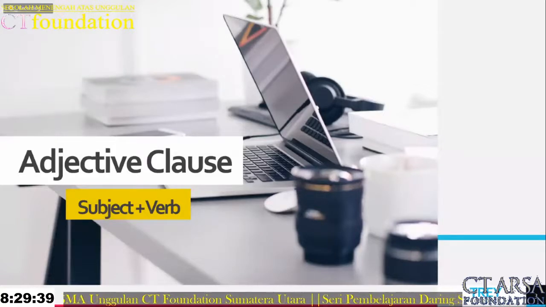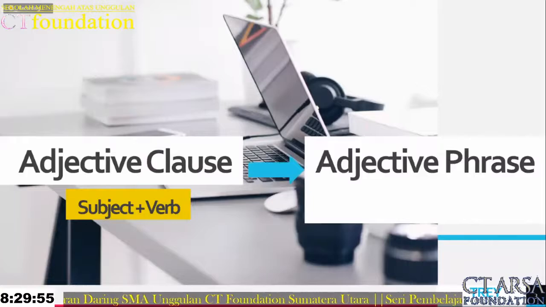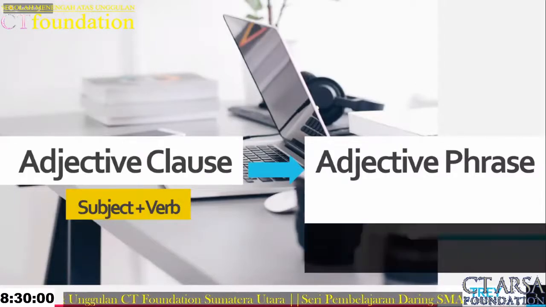It's only a group of words without subject and without verb. And there are various phrases: prepositional phrase, noun phrase, and others. So here, how to reduce adjective clause to adjective phrase?